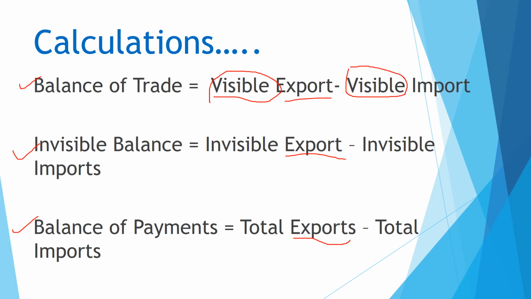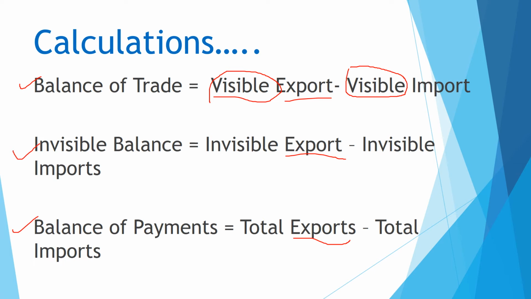Invisible balance. Countries like the Caribbean countries buy and sell a number of services. So invisible balance is where we're going to calculate the services. So balance of trade deals with the goods. Invisible balance deals with the services.